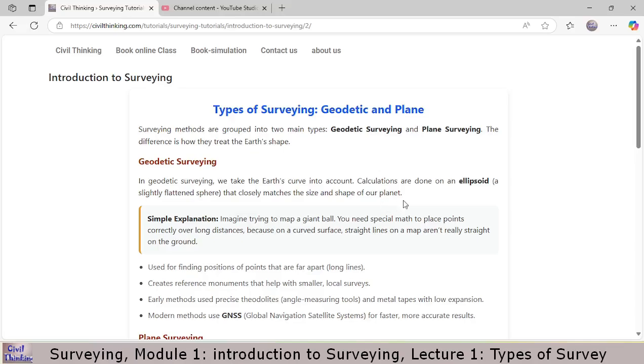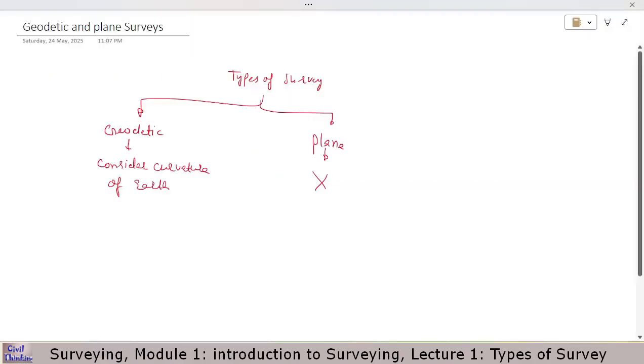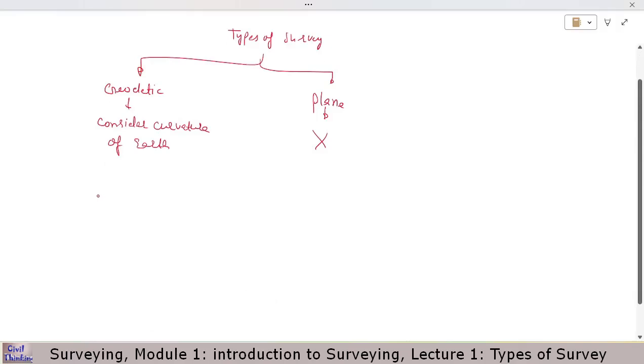Now what is this ellipsoid? Basically, the earth itself is not a perfect circle. It is not even a perfect ellipse, right?